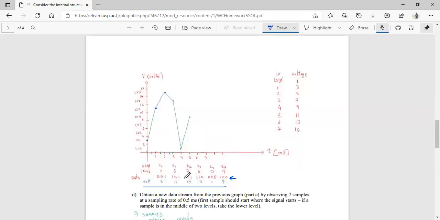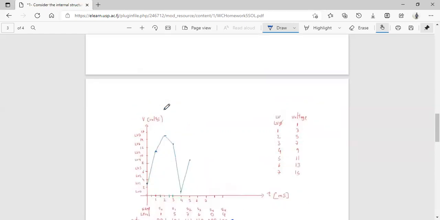Then we find the decimal value of each set, like it is done over here, and that decimal value will represent the level. Then you can plot the points at that particular level.